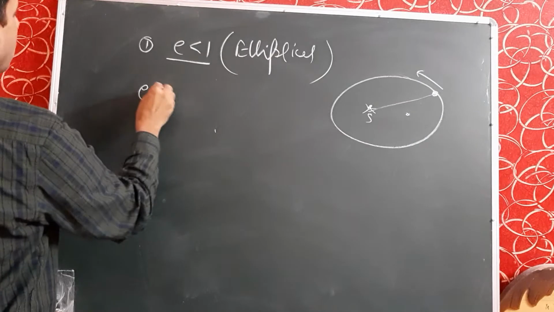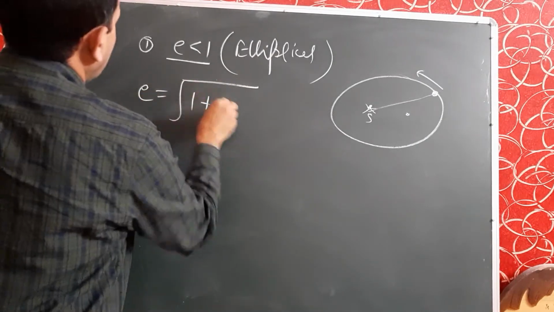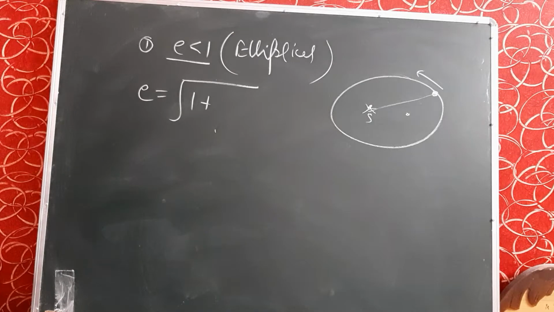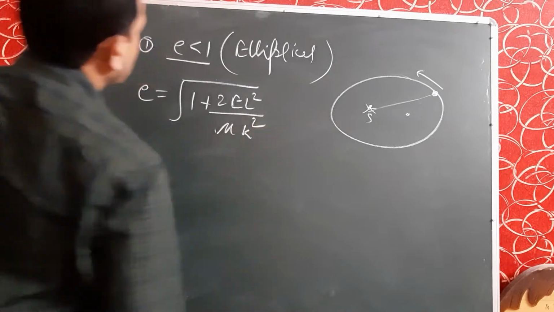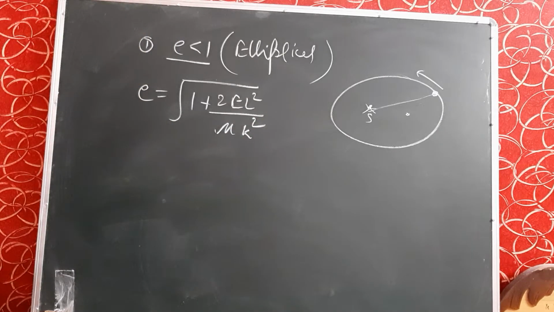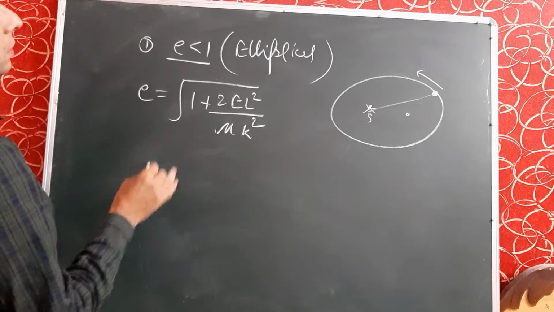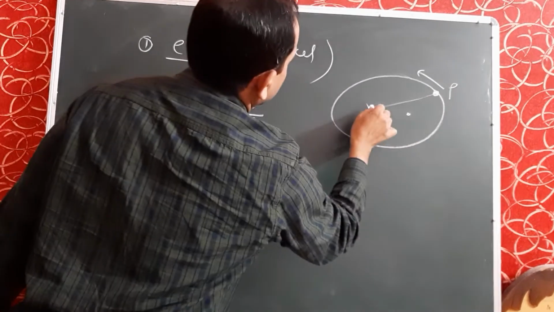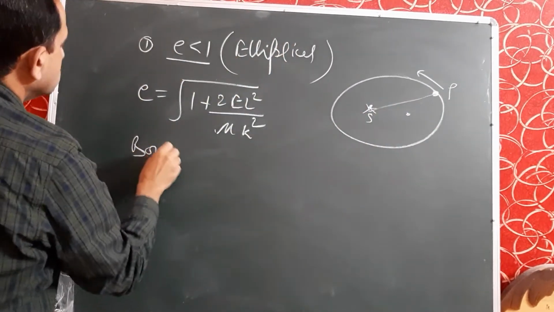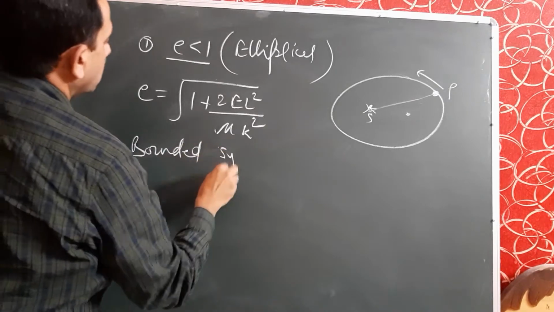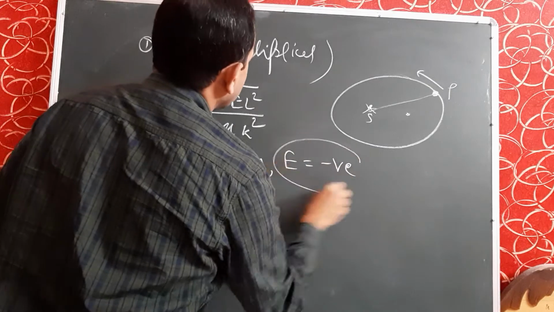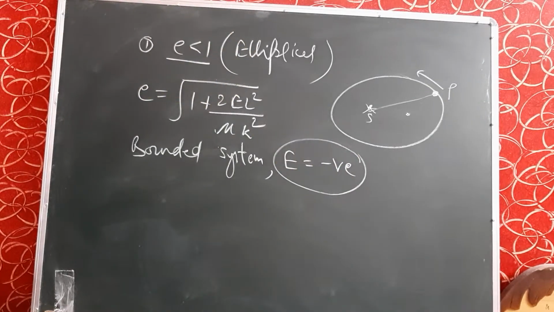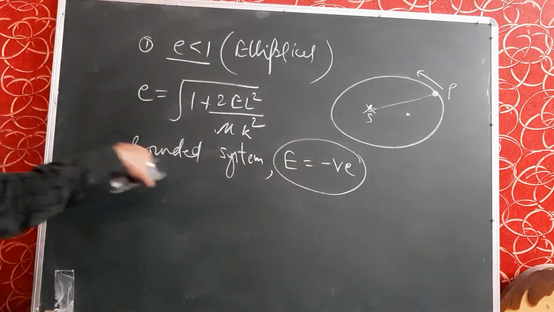We know that the formula for eccentricity is e = sqrt(1 + 2EL square over mu k square). We have already proved it in the previous article. We know that the planet and the sun form a bounded system because both are bound with each other. For a bounded system, the energy is always negative. You have to learn that this energy is always negative for a bounded system.